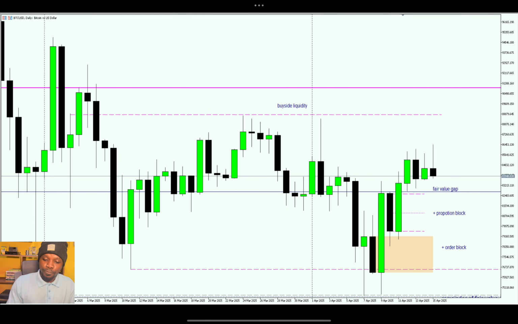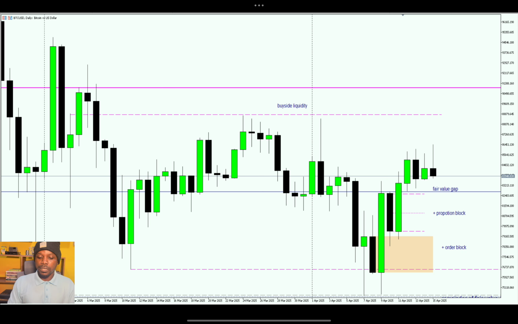You can see that there is a tiny fair value gap just before the propulsion block. This is one of the clear indications that ICT gave us about what an order block should be. One of the defining rules is that when an order block has a fair value gap just before it, it makes it more solid and concrete.